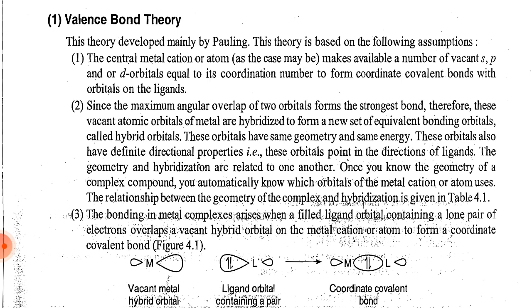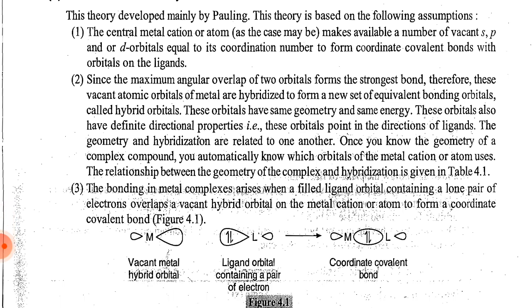These orbitals also have definite directional properties, that is, they point in the direction of the ligands. The geometry and hybridization are related to one another. Once you know the geometry of a complex compound, you automatically know which orbitals of the metal cation or atom are used. The relation between the geometry of the complex and hybridization is given in Table 4.1.